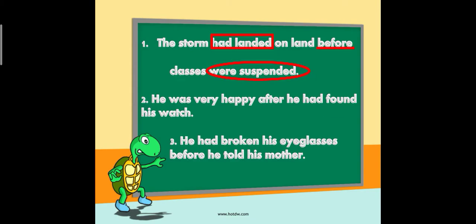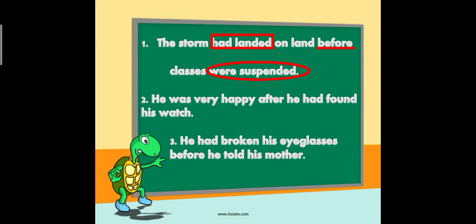Here is number 1. "The storm had landed on land before classes were suspended." I answered number 1 so that you can have an idea on how to answer this activity. In this sentence, "had landed" is the past perfect tense. That's why I put a box on the words "had landed."